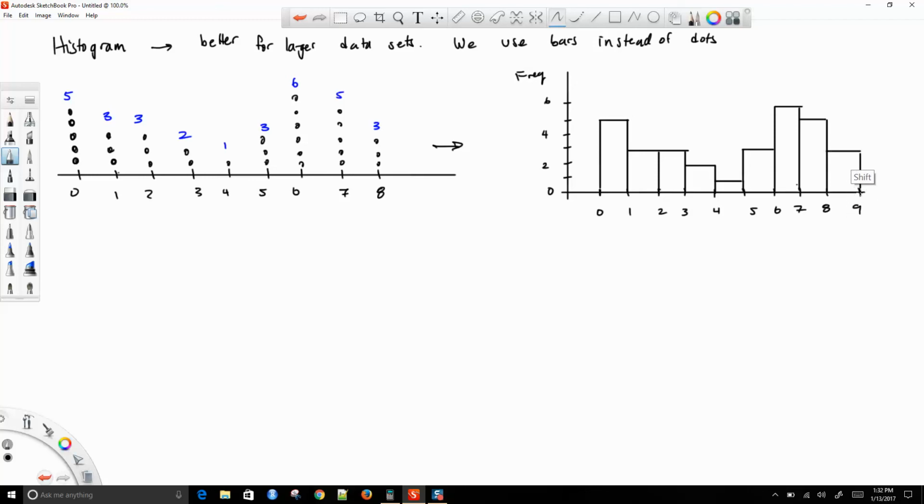Stylistically, the bar that contains 0 starts at 0 and goes up to 1. So the bars aren't centered at the numbers, but this bar starts at 0 and goes up to, but does not include, 1.